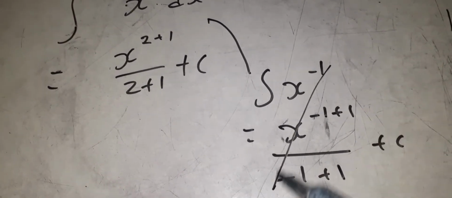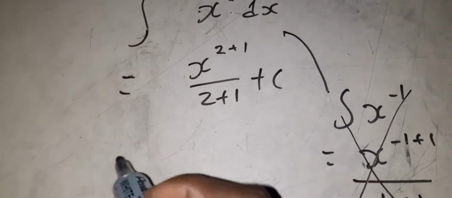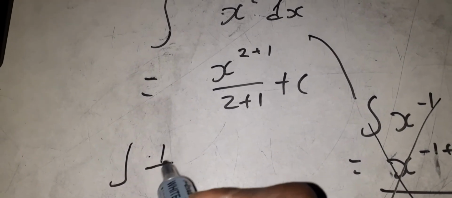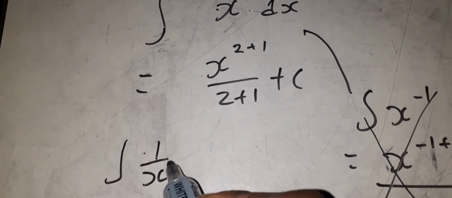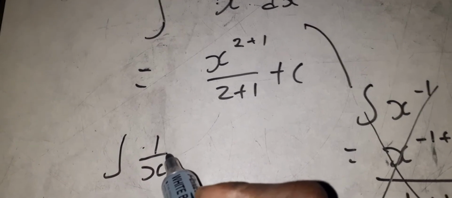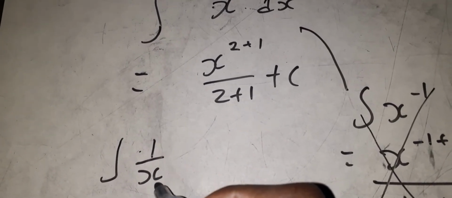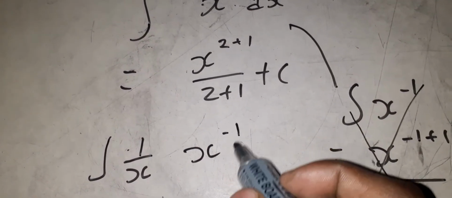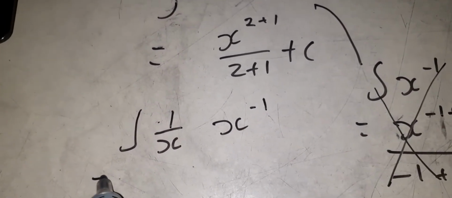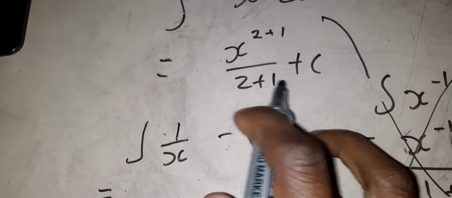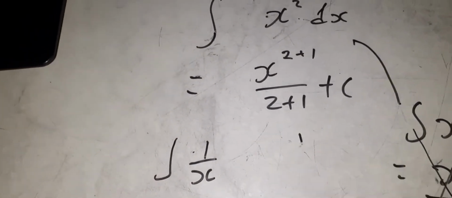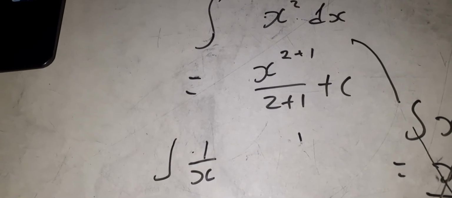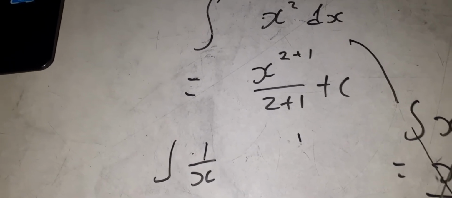So what we have to do, if you are asked to integrate x to the power of 1 in the denominator, or x to the minus 1, you have to do this. You have to say it's equal to ln of x, then divided by the derivative of x.